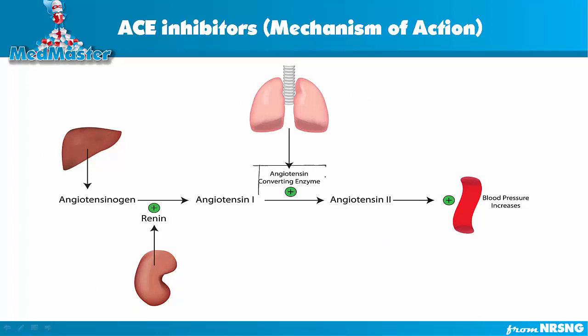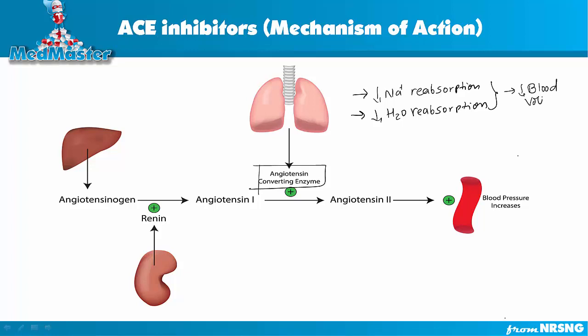So when we block this enzyme right here, there is a decrease in sodium reabsorption, decreasing water reabsorption, and this is gonna decrease blood volume and fluid overload. And that is the reason why we use these drugs for heart failure.